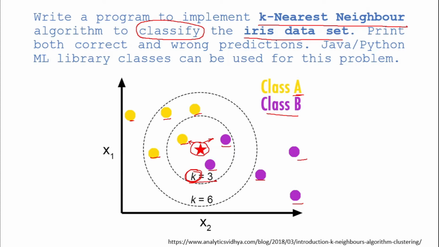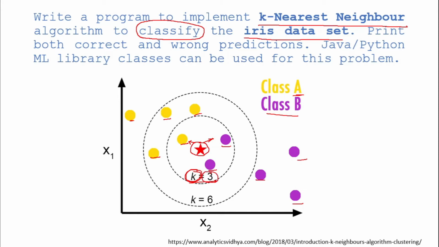3 means 3 nearest neighbors, then which class does this data point belong to? Class B or class A? Obviously it is class B, because of the shortest distance from this point to its neighbors, how many are there? 3.